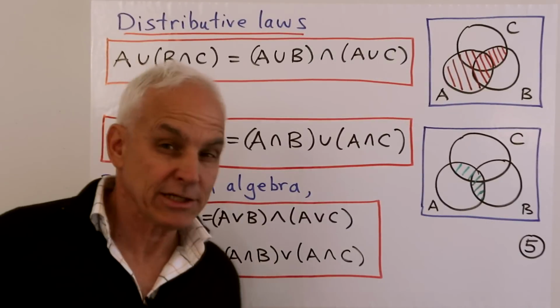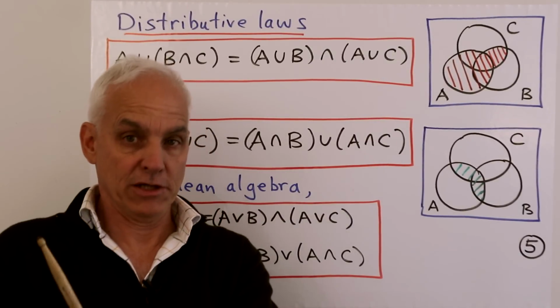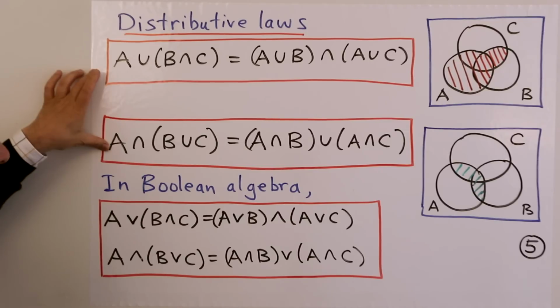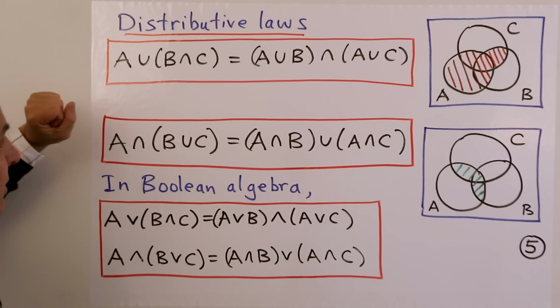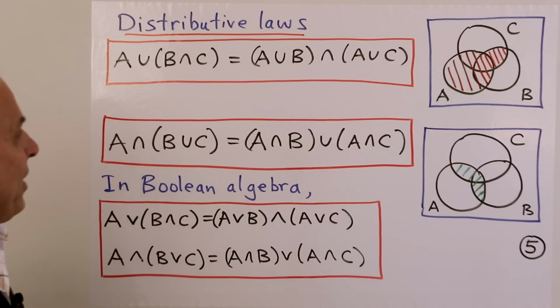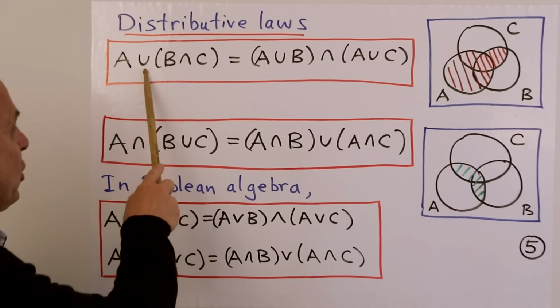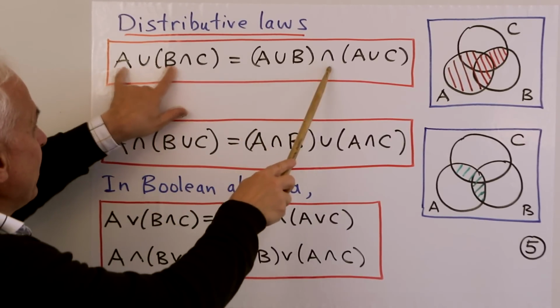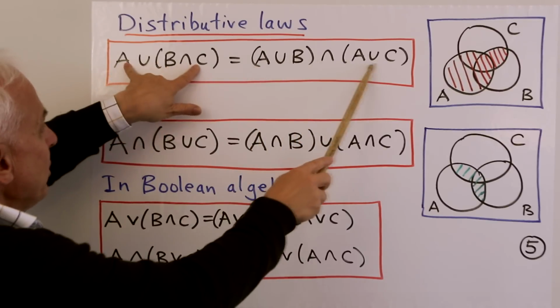So in the same spirit, let's look at the two distributive laws for set theory. These are very important laws. They mimic each other, and they are a little bit like the distributive laws in arithmetic. The first one is A union (B intersect C) is equal to (A union B) intersect (A union C).